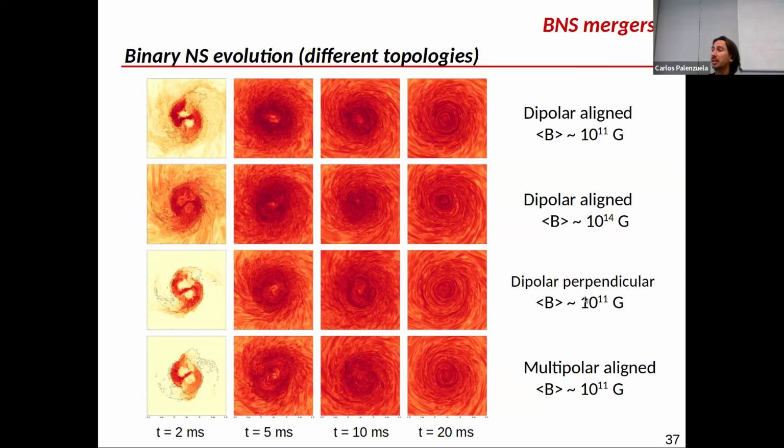The third one is dipolar, but perpendicular, directed perpendicular to the angular momentum. And the last one is multipolar. And you can see that although the magnetic fields are very different at the beginning, as time progresses, the magnetic field strength looks quite similar, actually almost indistinguishable.